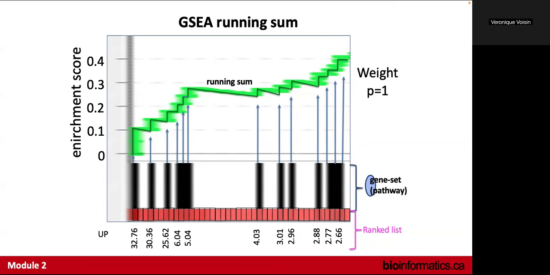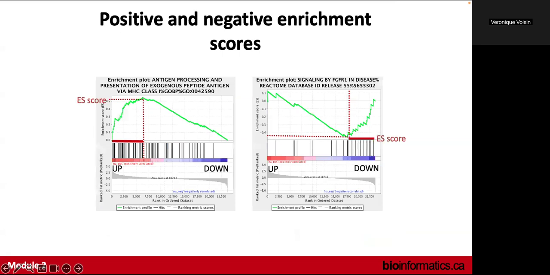Then we understand that we need more genes in the pathway at the top of the rank list for a peak to be formed. A pathway can be enriched in genes upregulated. In this case, the enrichment score is going to be positive, left side, or the pathway can be enriched in genes downregulated. And in this case, the enrichment score is going to be negative.